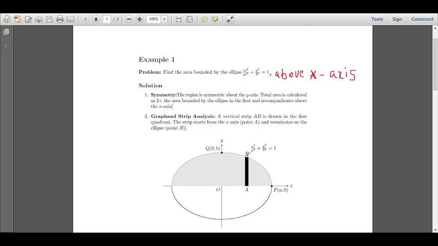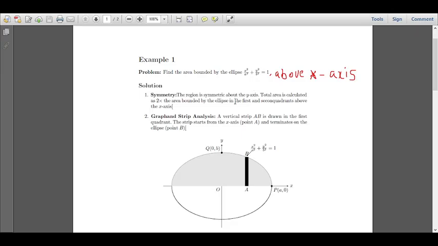Because if there is a point (x, y) on the ellipse, then the point (minus x, y) is also on the ellipse. If you replace x with minus x and y remains the same, then (minus x) whole square becomes x square, so x square by a square plus y square by b square equal to 1. The curve remains the same. Therefore the region is symmetric about the y axis.